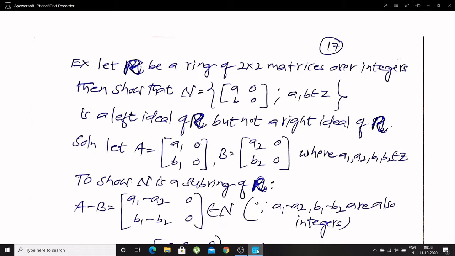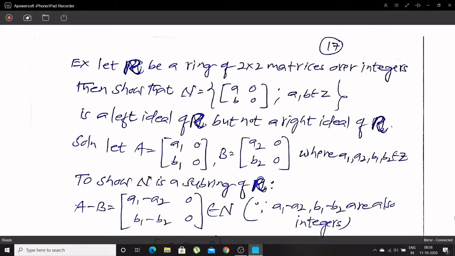Let me work out the example. Let R be a ring. R be a ring means all the laws of the rings are satisfied. Here we have a matrix of 2 by 2. That means 2 rows and 2 columns.